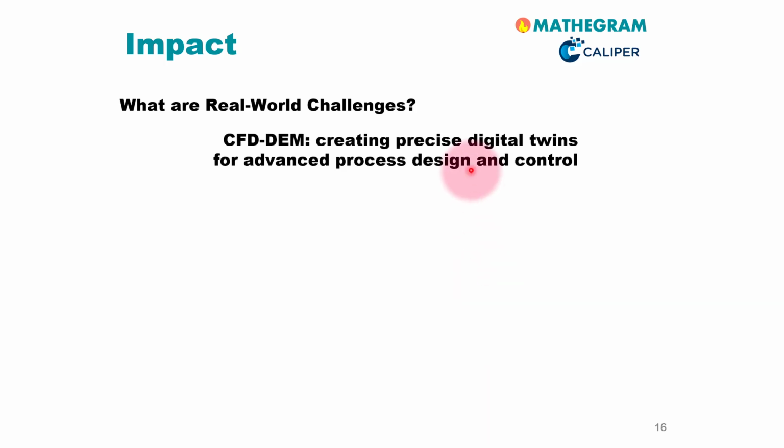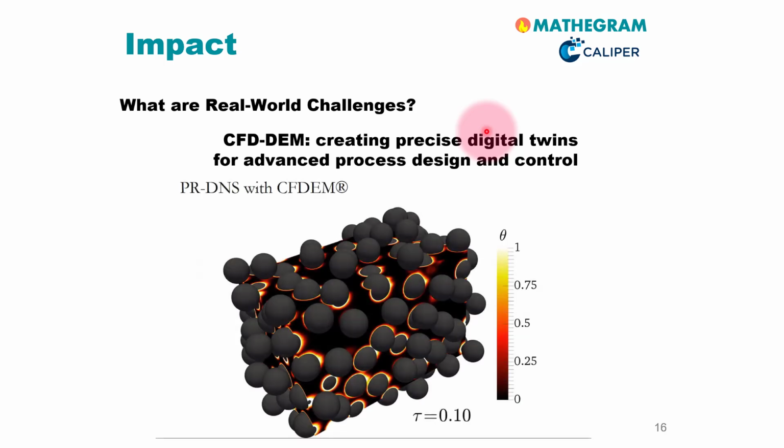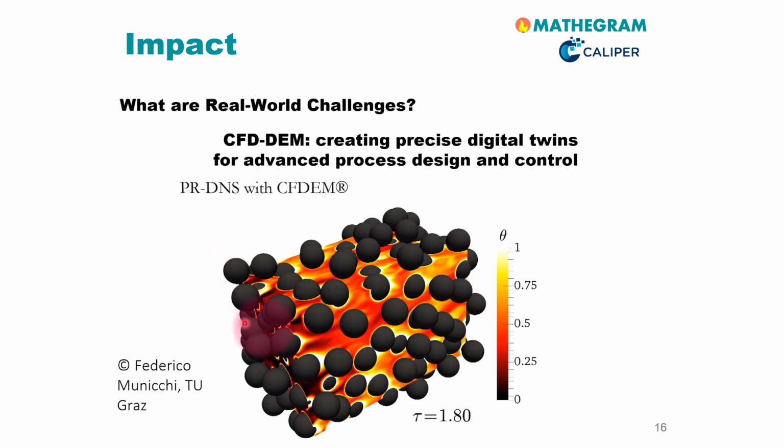Another real-world application are fixed bed reactors. Fixed bed reactors are important for the chemical industry, and here the main interest of those industrial partners is in creating precise digital twins, for example, to better control a process. What you see here are simulations of heat transfer from such particles in a fixed bed reactor with very accurate CFD simulations.